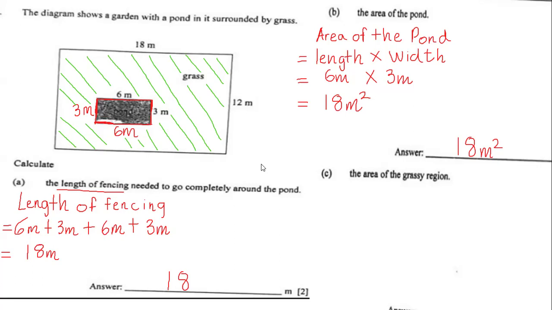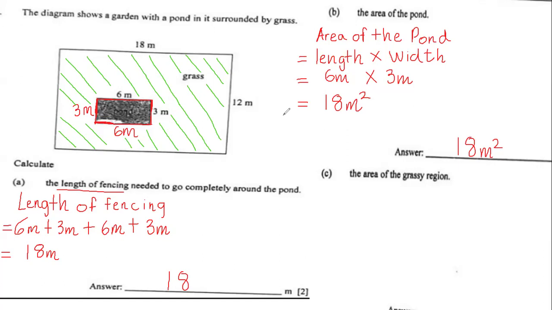Would we multiply 12 and 18, and then subtract 18 from the product? Why would you do that? What's the logic behind that? Because we're only trying to find the area of the grassy region and not the pond.